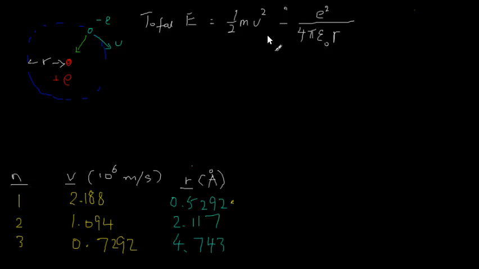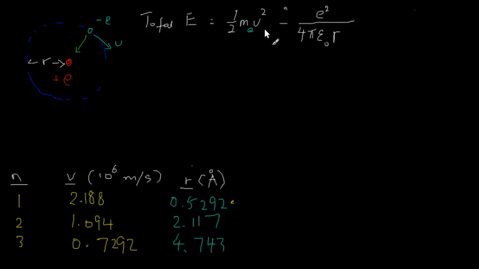And once we have this, we can now calculate the total energy for each orbit, because m here we know, the mass of the electron.